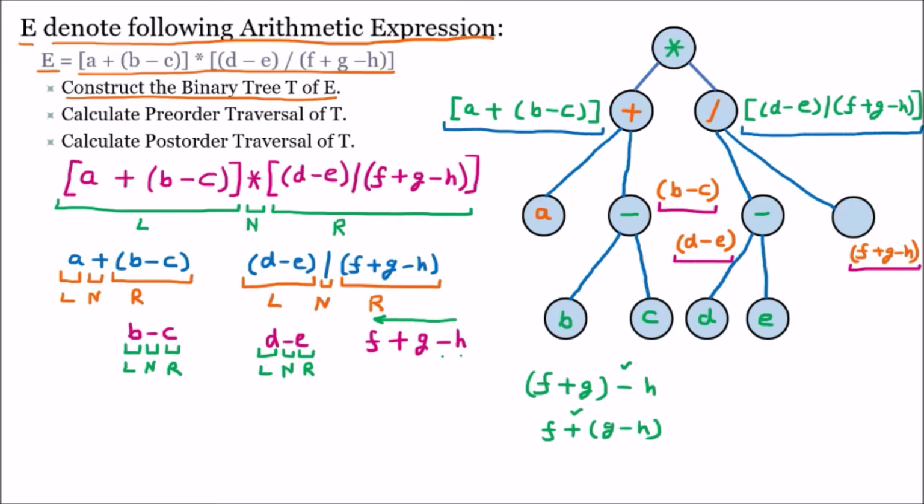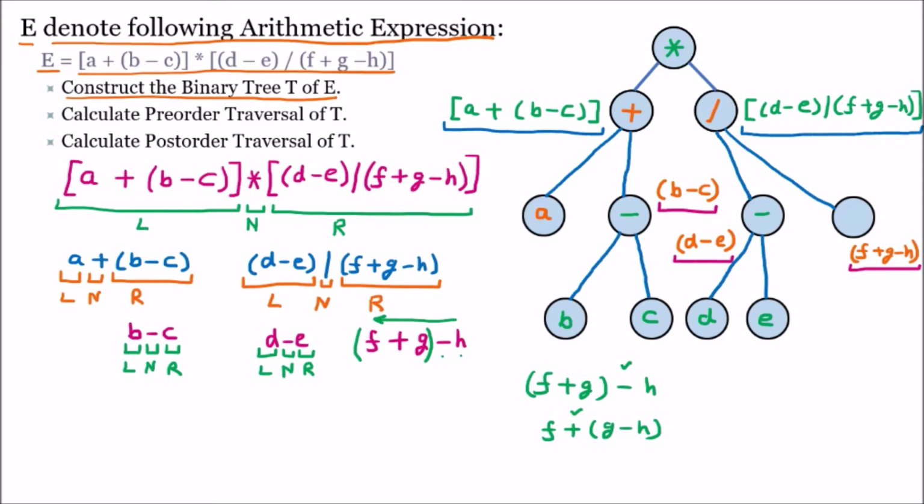That means we assume this whole part is like a bracket, this is the whole left part, and there we have the right side. So this is how we can construct the tree. Whenever there are multiple operators given and brackets are not given, we should go from right to left, giving the right operator the priority.